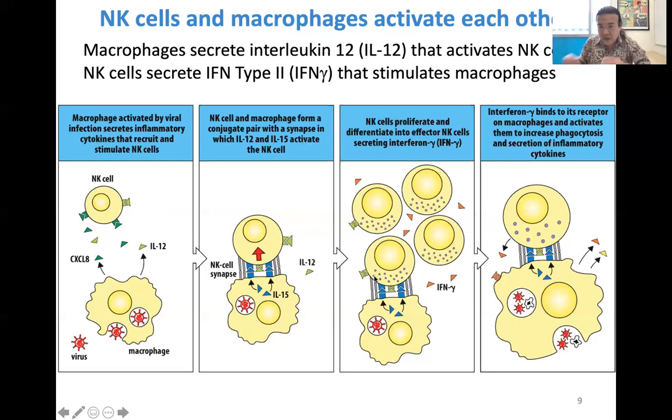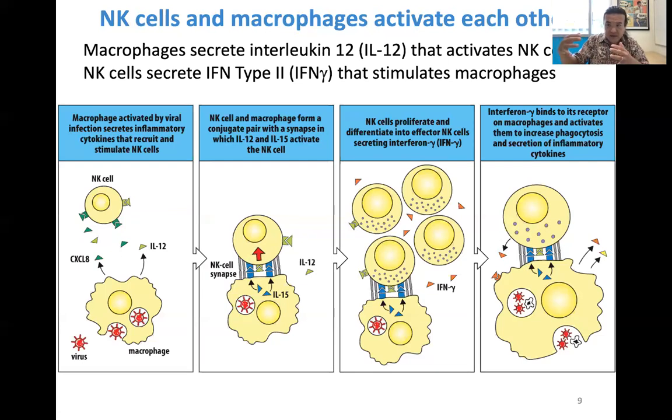So the NK cell wakes up, it begins to make copies of itself, and in exchange, right, the NK cell starts making interferon gamma, the little orange cytokine that's received by the macrophage, right? So this is a two-way conversation. The macrophage tells the NK cell, hey, check this out.